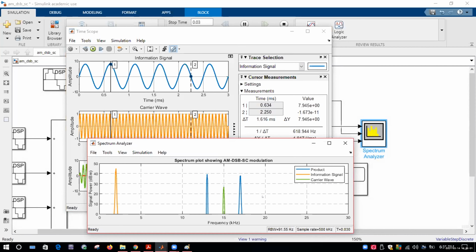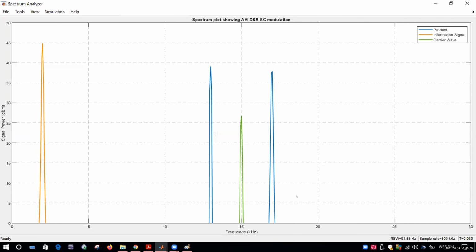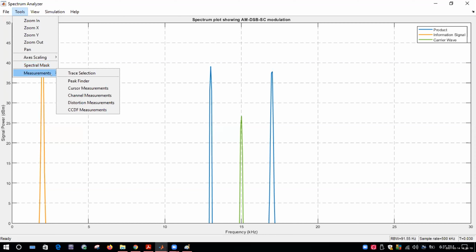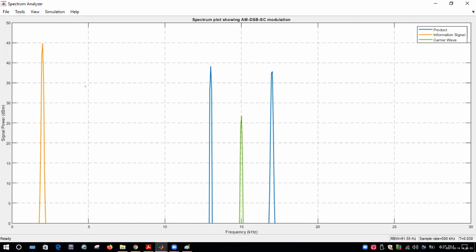So what do you see here now? So what is the frequency? This is your input signal. Sorry, this is your information signal. What is the frequency of the information signal? Again, go back to tools, measurements, then click cursor measurements.